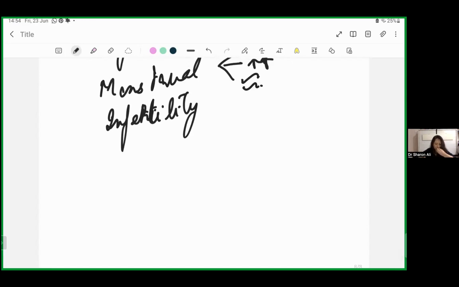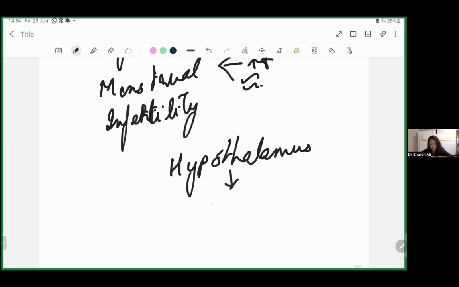Now, this is important because, again, remember we were discussing in the beginning about the hypothalamus, which regulates the anterior pituitary, which regulates the thyroid gland.